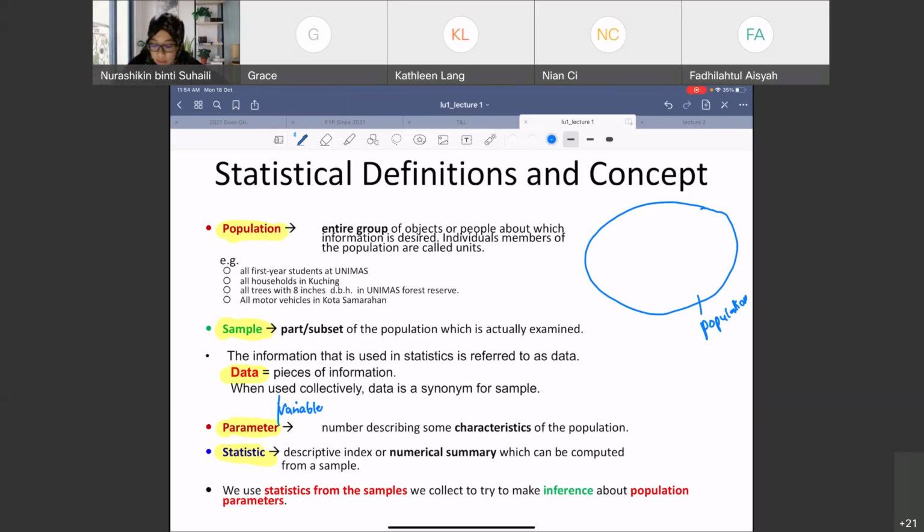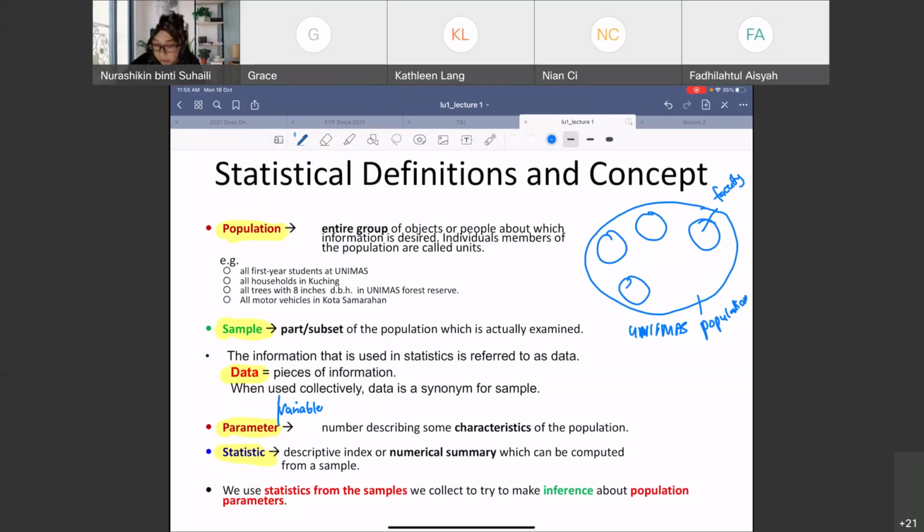Unimas is an organization that has many faculties inside. Sarawak can be a population because it has subsets, it has districts. Malaysia can be a population as well because Malaysia has different states, which are subsets of it.